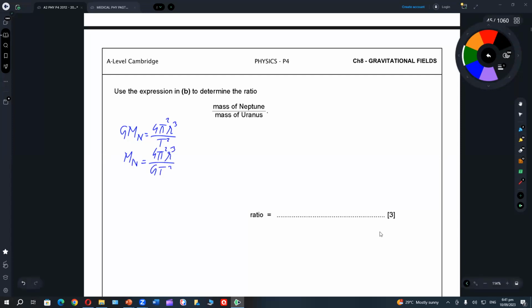We will tell the examiner that look, G and pi are constants. So when you make the ratio, they won't appear.